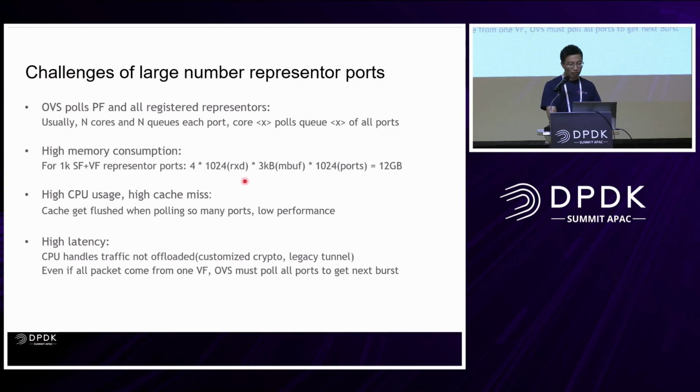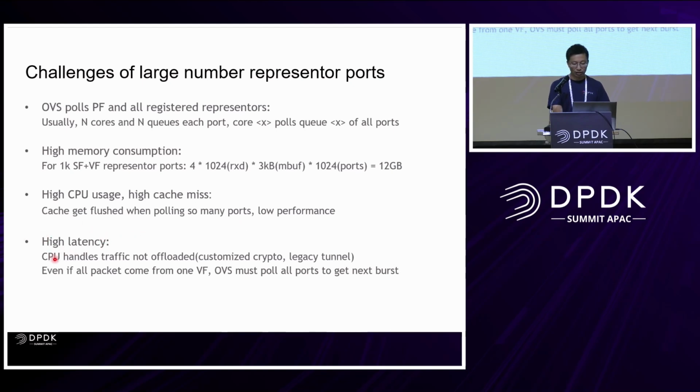This will also cause high CPU usage and high cache misses. You need to poll every port, so the cache gets flushed, and when polling so many ports, it will cause low performance and then high latency.